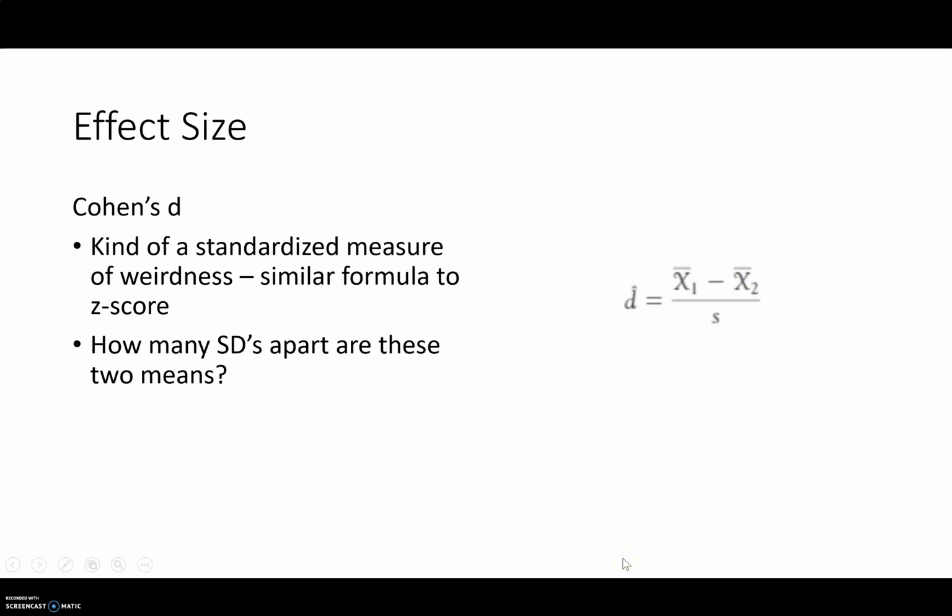But an increase of 2 points on an ACT score might mean more than an increase of 5 points on an SAT score, right? But you can standardize those by dividing by the standard deviation, and then you can see what that effect size is in a standardized way. Okay, so it's a very simple formula: two sample means divided by the standard deviation.